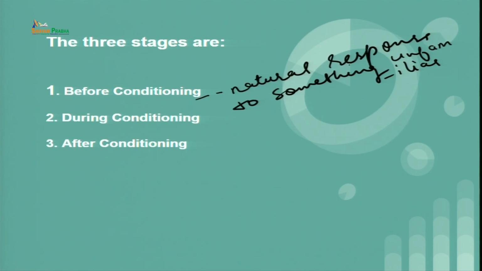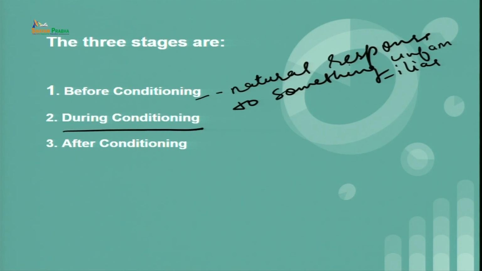It doesn't mean a new behavior has been adopted. This is the first response produced by the unconditioned stimulus. And the neutral stimulus that does not elicit a response also falls under this stage, because in the classical conditioning theory it is said that there is no real excitement when it comes to the ringing of the bell. So at first there is nothing happening, so it's a neutral one. So before and neutral we are taking into the first category.